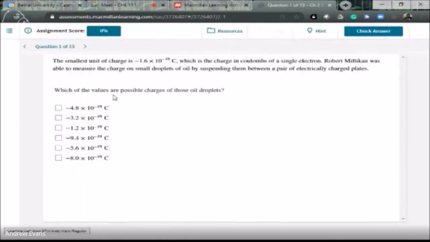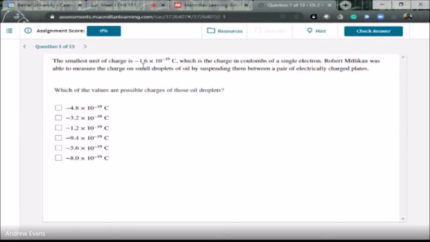But looking at this, some of this stuff is like, oh, hey, reminder back on the history thing. So the smallest unit of charge is 1.6 times 10 to the negative 19 coulombs, which is the charge of a single electron. Robert Millikan was able to measure the charge of small droplets, suspending them between a pair of electrical charge plates. What is a possible value of these oil droplets? So what you're looking for is a multiple of 1.6.